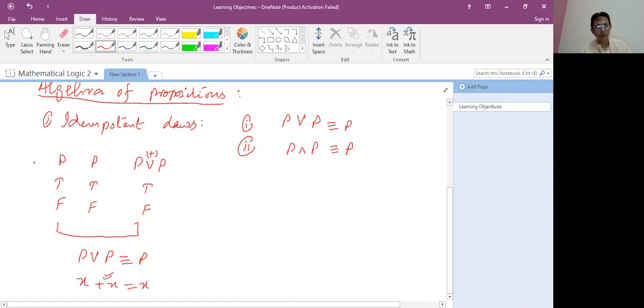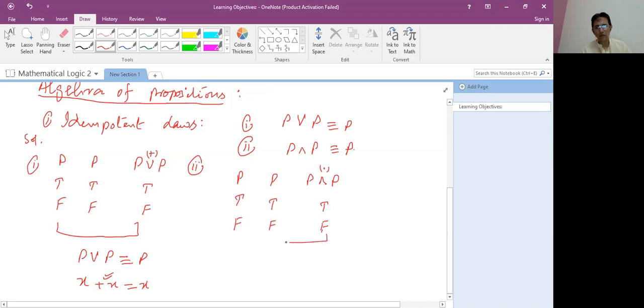Now the second part, when we consider P, it is true or false. Another P we consider as true or false. But when we apply the operation P and P, it means the multiplicative operation. So 1 dot 1 is 1 and 0 dot 0 is 0.